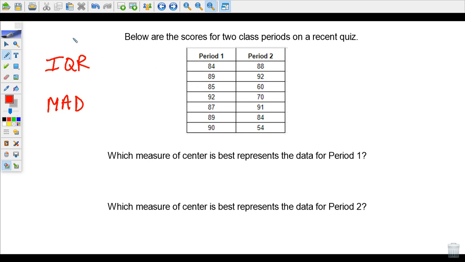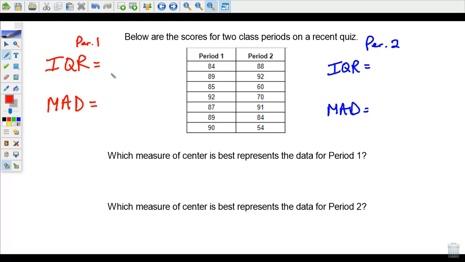So this is for period 1. When I did my calculations, again, might be a great time to pause the video and do these. So do these for period 1, and then also do them for period 2. If you have forgotten how to find the IQR and how to find the MAD, look back at our previous videos, and that will help you.